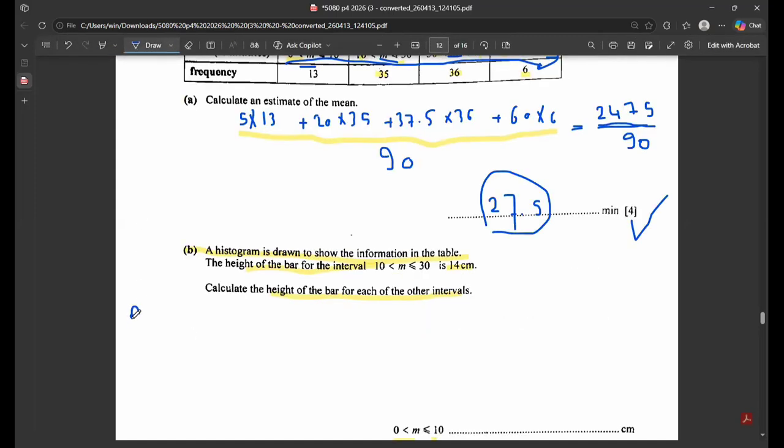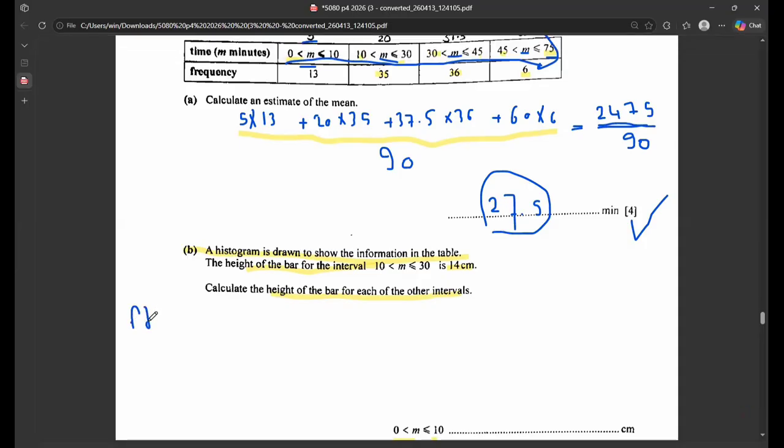So we need to get the frequency density here. The frequency density from 10 to 30 will be the frequency over the class interval, which is 20. So we say 35 over 20 will be equal, on your calc, to 1.75.